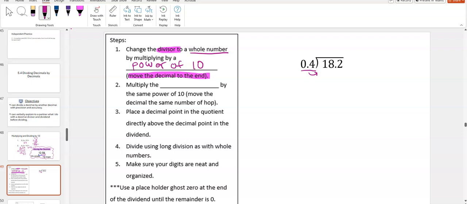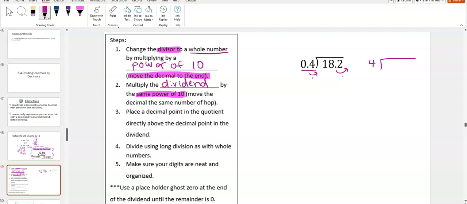Then I have to multiply the dividend, the number inside the house, by that same power of 10. So we're moving it the same number of hops. Because I moved this 1 hop, I'm going to move my inner decimal 1 hop as well, and we end up with a new division problem.